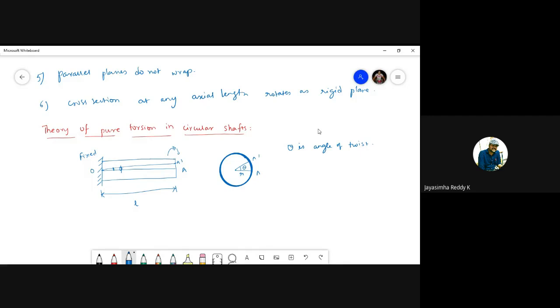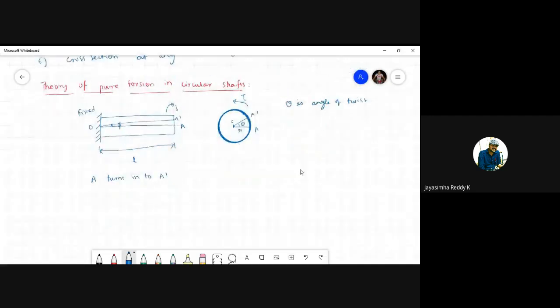So the figure shows a circular shaft of length L and diameter D acted upon by a torque T. Let us consider a point A, which is at a distance of R from the center C. After applying the torque T, A turns into A dash. Is it okay, students? As of now, it is okay, right? Any doubts?